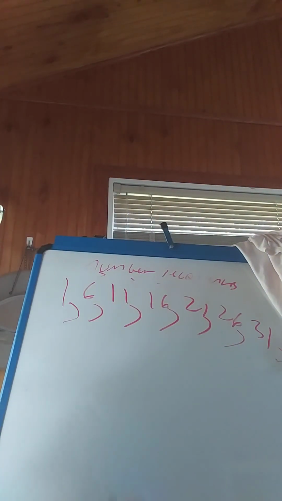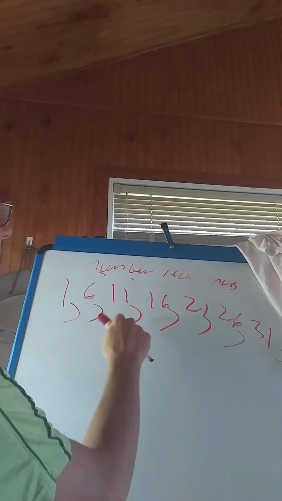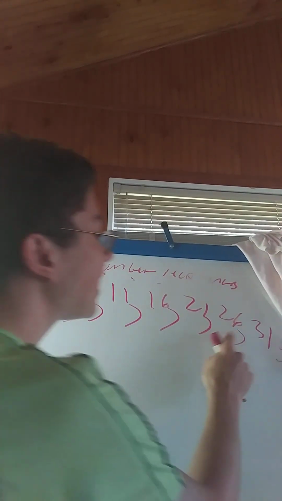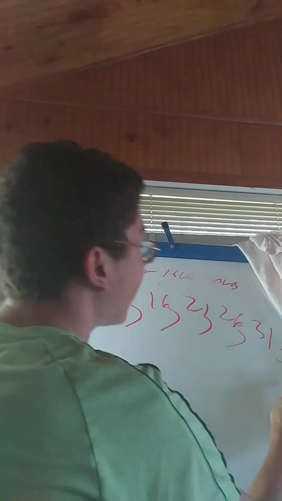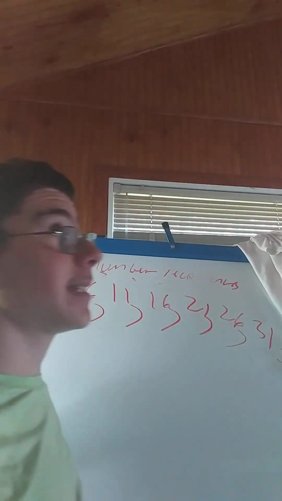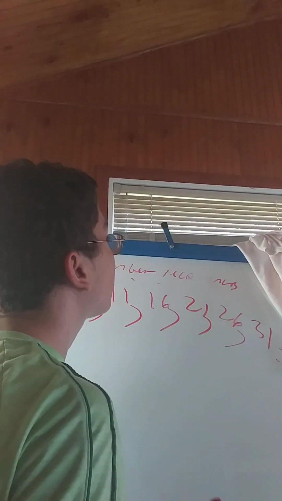So numbers are 1, 6, 11, 16, 21, 26, 31, and then 36.